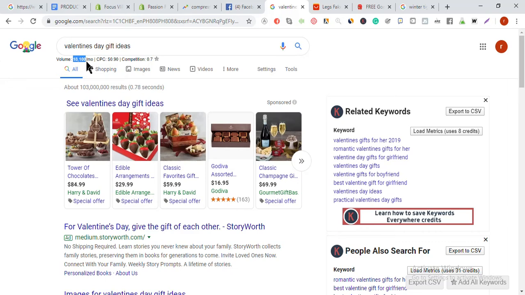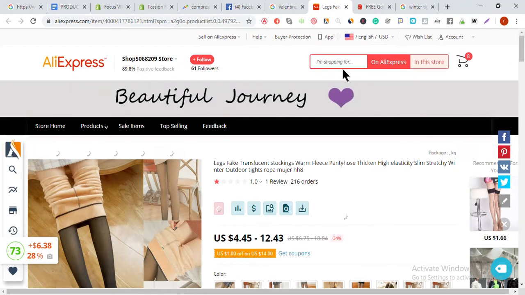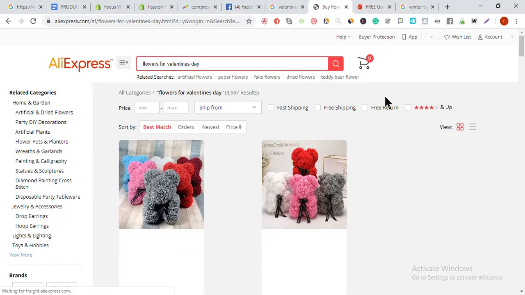Definitely the volume is really big, but it's too broad, of course. So normally during Valentine's Day, what are people buying and giving? It's chocolates and flowers, right? So you can search it here. Flowers for Valentine's Day. But we're not targeting the real flowers. We can look for something else.